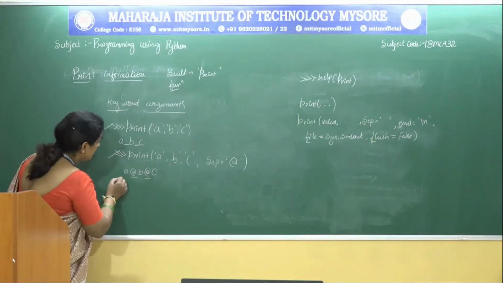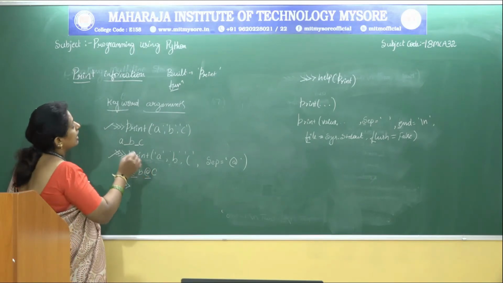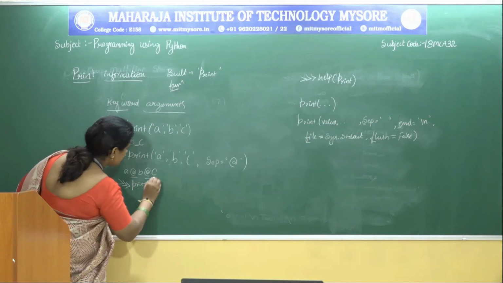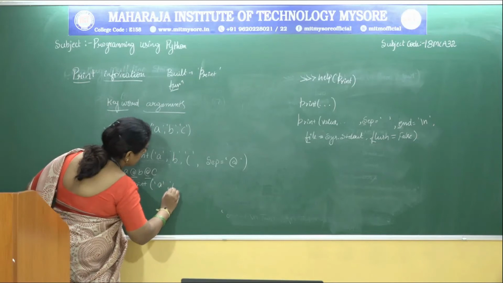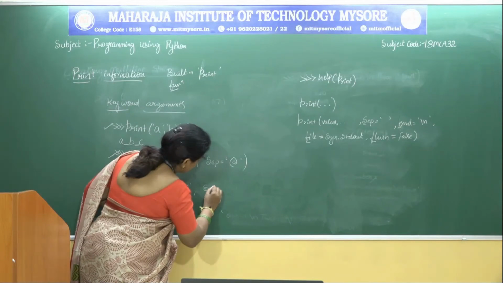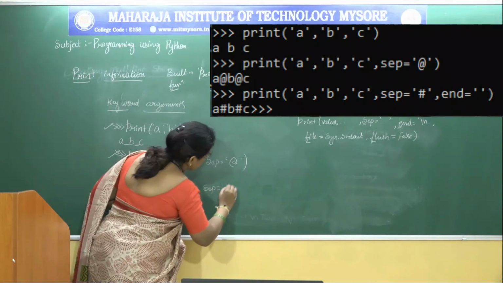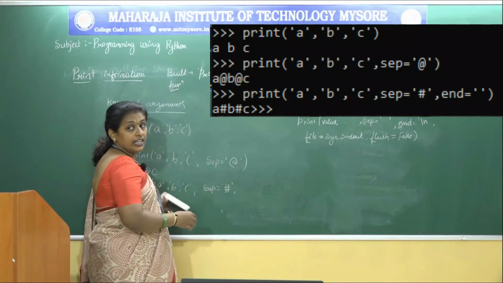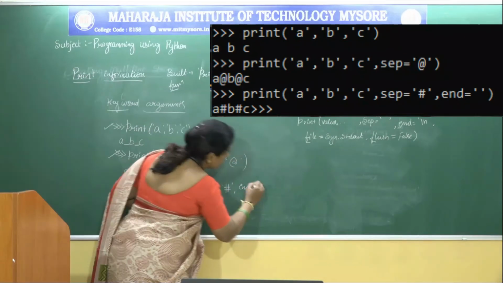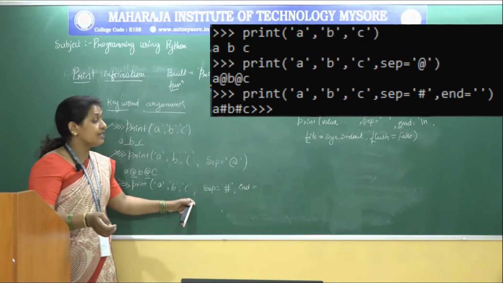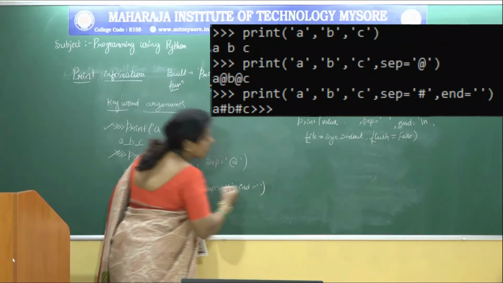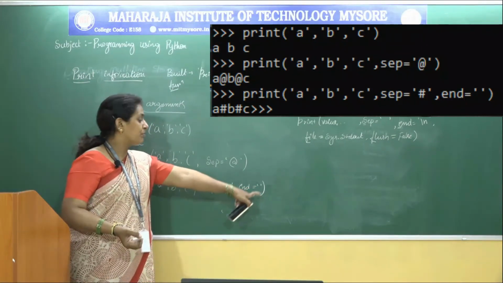Okay. Let us consider the keyword argument end. So print A, B, C. Here I am using hash as the separator, and I am using the end argument. When the string ends, the last value should be null, so I am just opening and closing the single quotes and not passing anything.